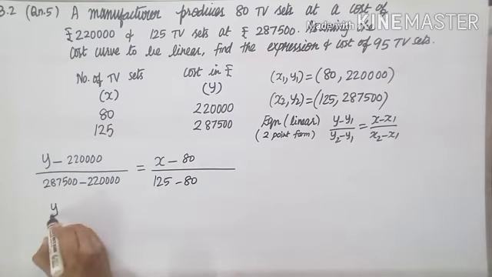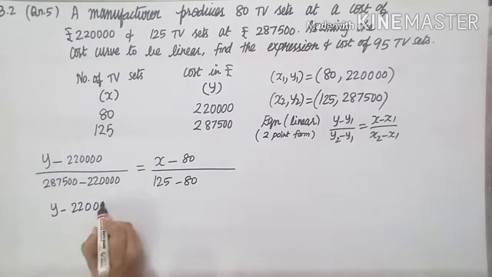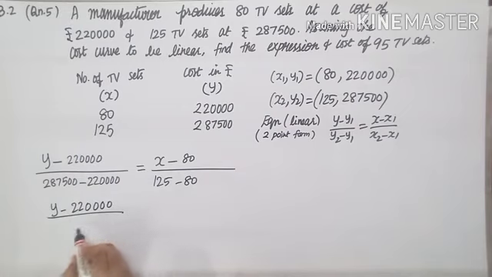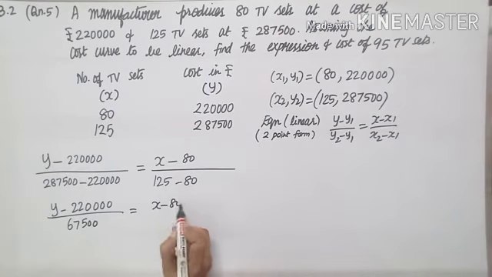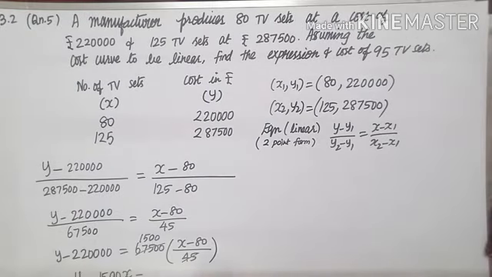Simplifying this answer, y minus 220,000 by 67,500, equals x minus 80 by 45. Cross multiplying, y minus 220,000 equals 67,500 into x minus 80 by 45. Cancel 45, it is 1,500 times.